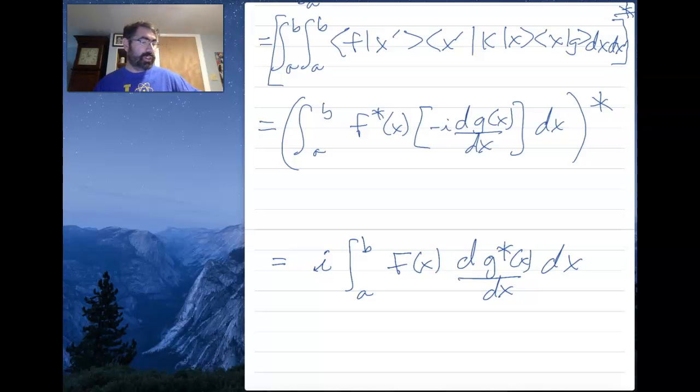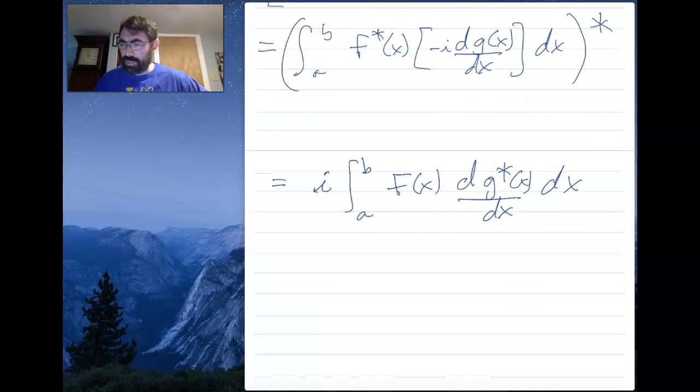What does that mean? If I compare these two results, this one was where we took the complex conjugate, then solved the integral, and then eventually added the complex conjugate back in. Either way, what we find is that this part essentially drops out.